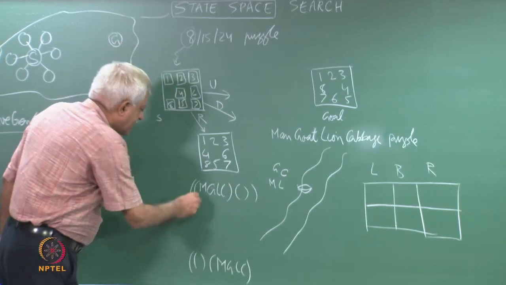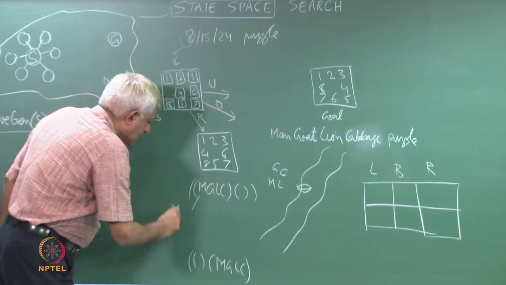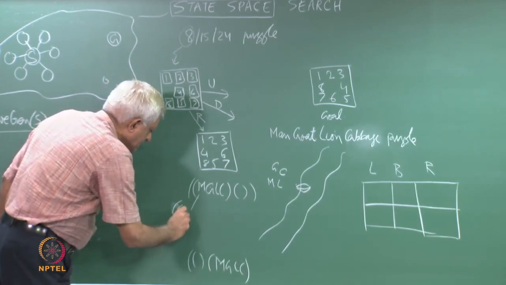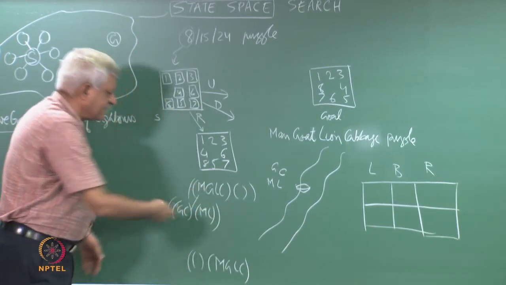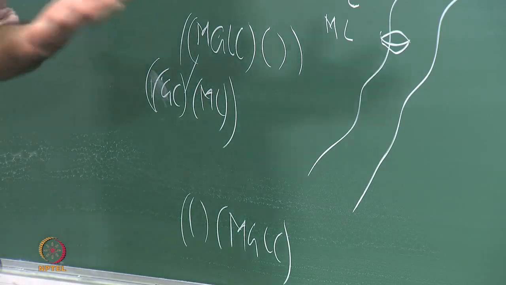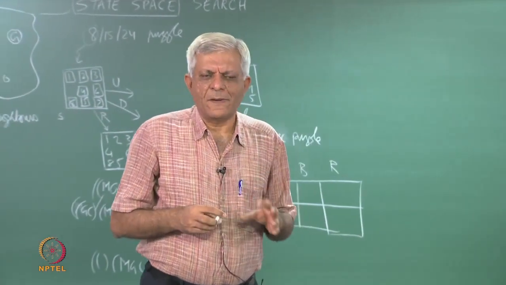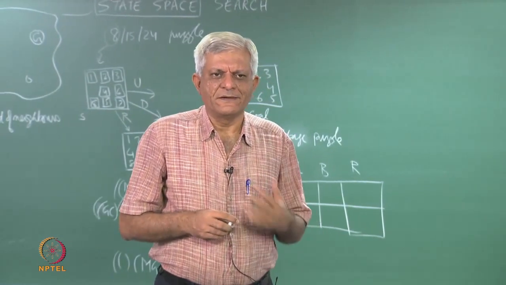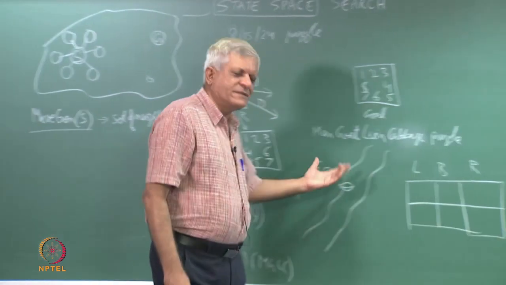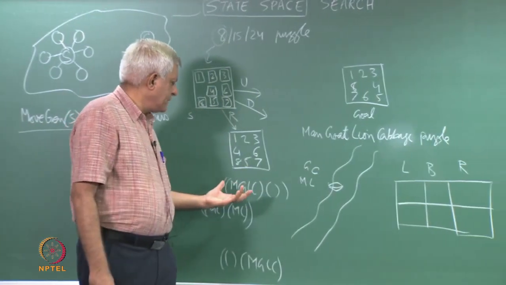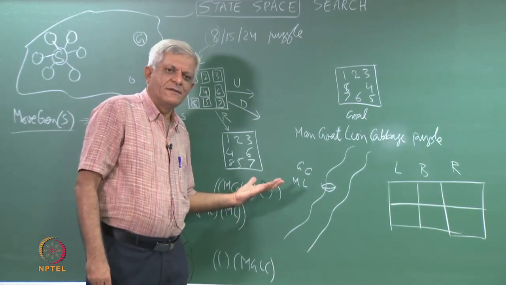So, I can go from this state to this, which could be one successor state. The question is how do I write this successor state. I will not spend too much time here, but maybe we will look at one more possible representation.